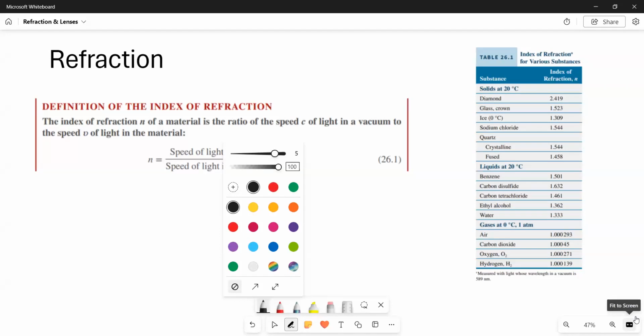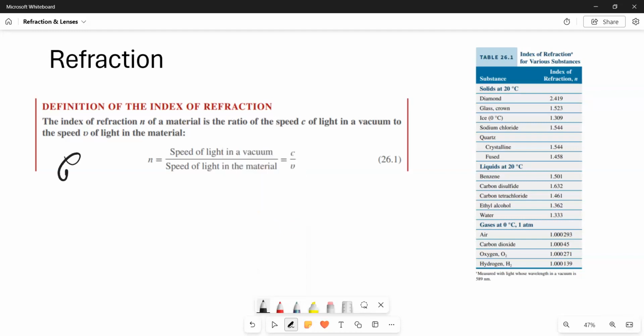My pen seems to be giving me some trouble. So, yes, I'm really talking about the refraction of light, right? Now, just what really is the refraction of light?